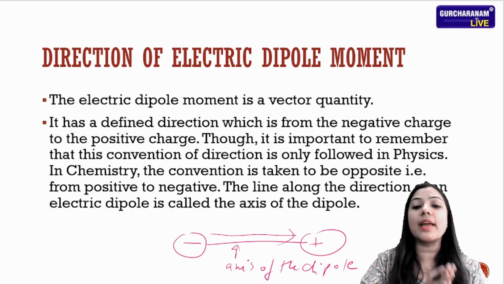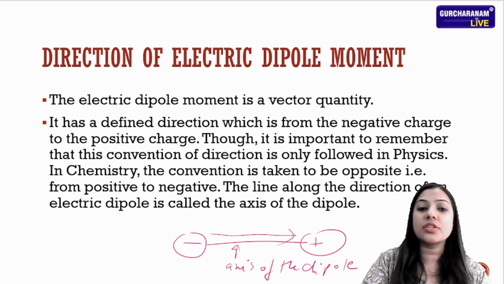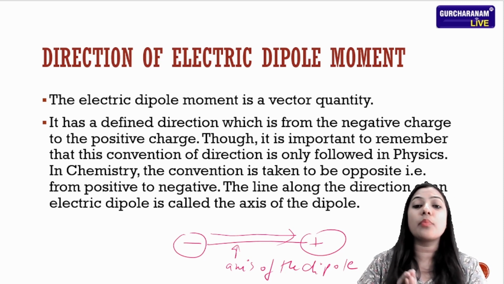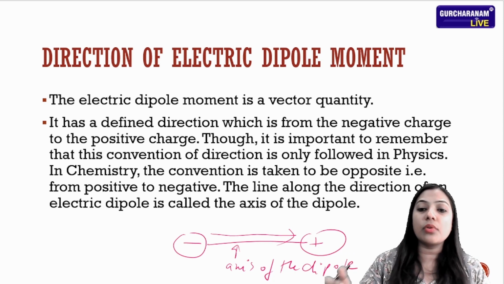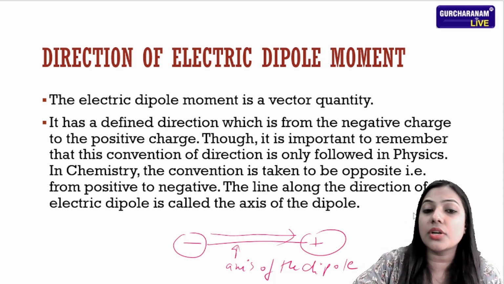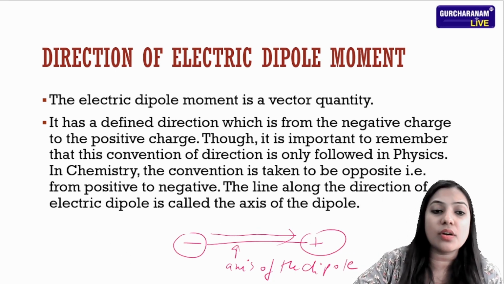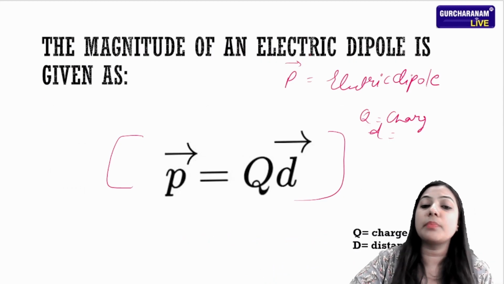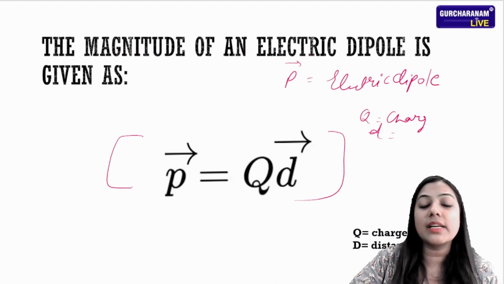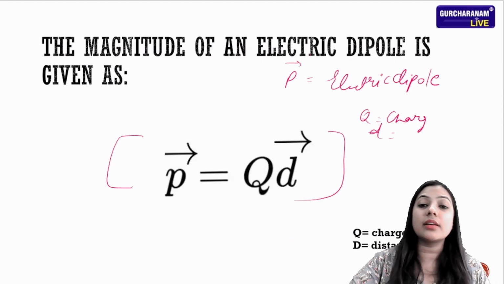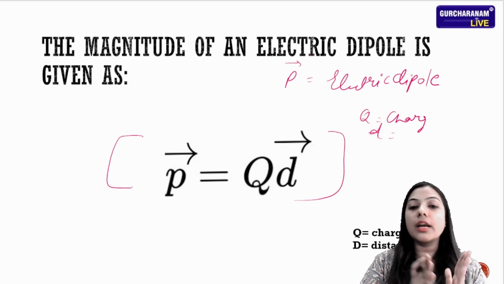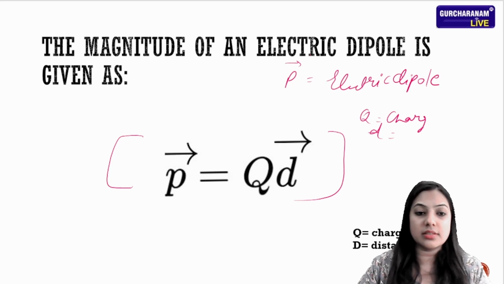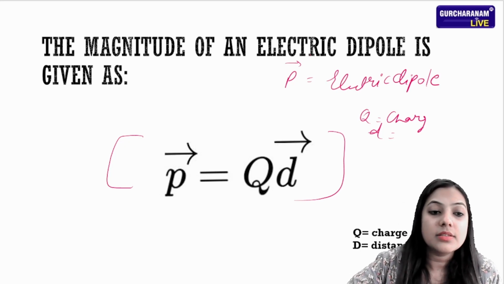The direction is from negative to positive. The formula is p vector equals q multiplied by d vector, where p vector represents the electric dipole, q represents the charge and d vector represents the distance.